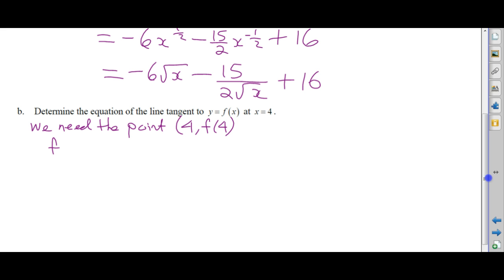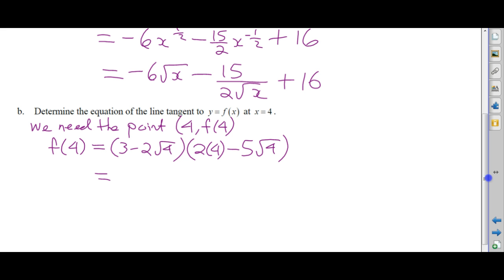All right, so what's f of 4? We just throw that in, right? It's going to be 3 minus 2 root 4. It's like somebody chose the numbers carefully. And then 2 times 4, 2x, minus 5 root 4.